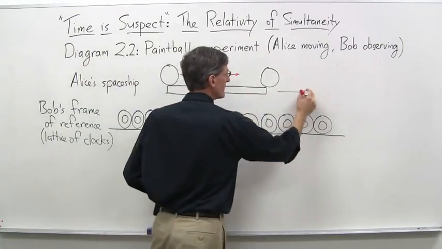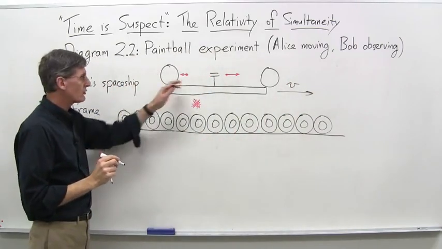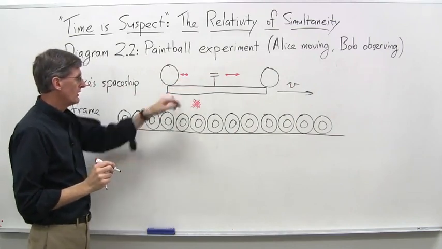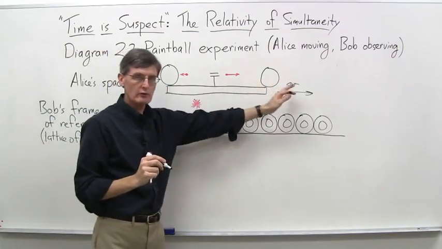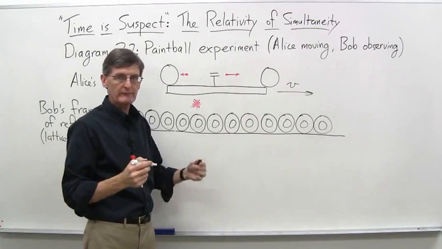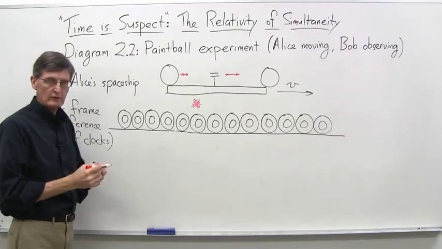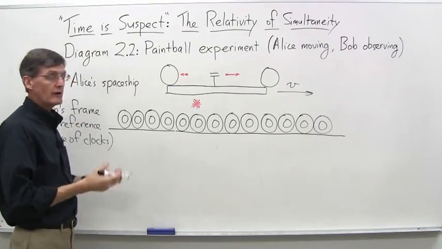Remember, it's traveling with velocity v in that direction. This end is traveling towards this paintball. So we might expect that this paintball will hit first, and that paintball has a far longer way to go to catch up to that clock, and might hit second. But we have to remember that for regular objects like paintballs, or if you're throwing a ball, the velocities add.